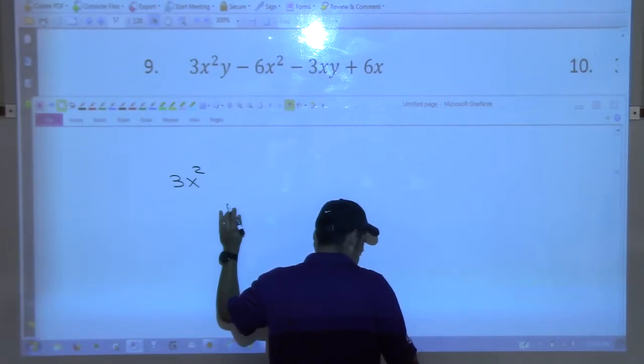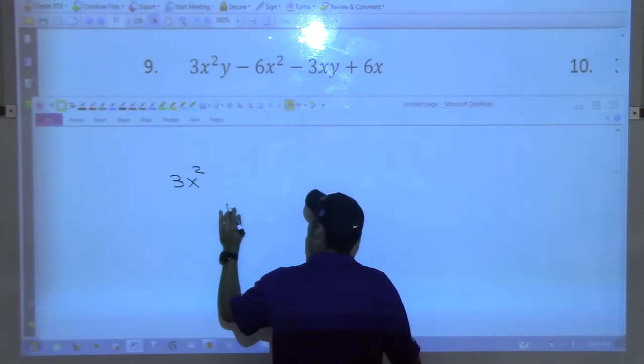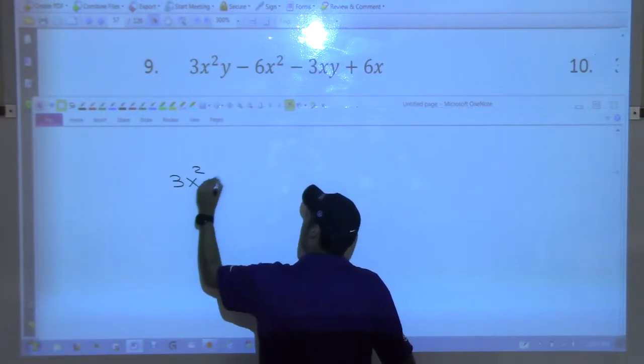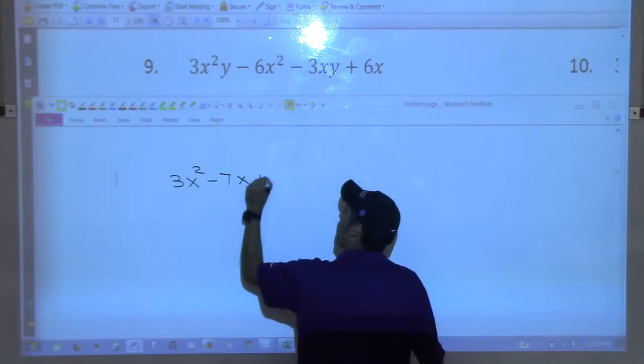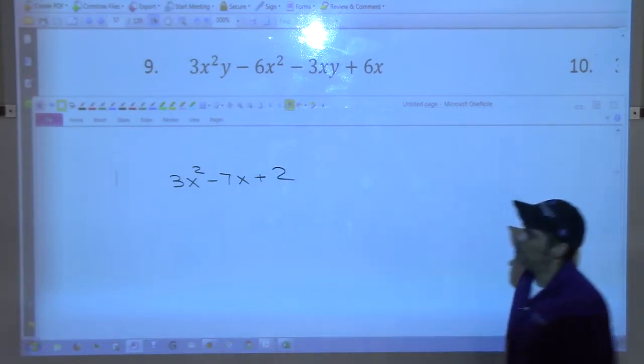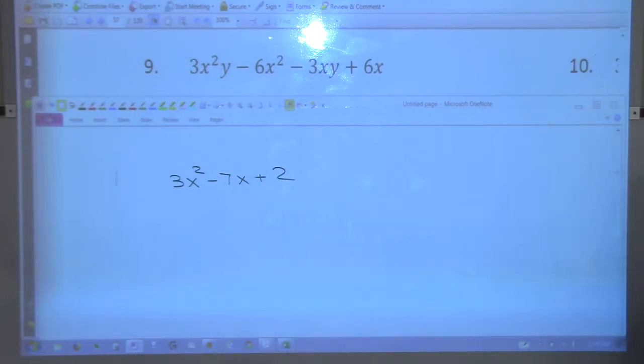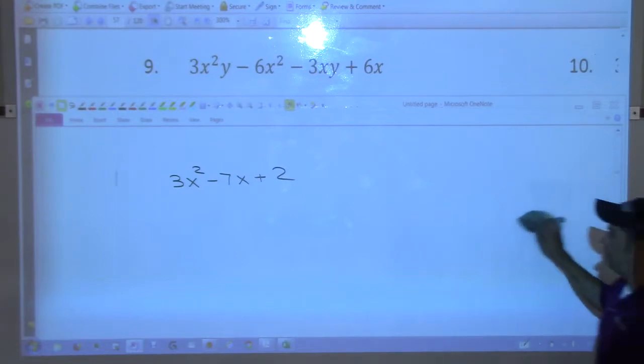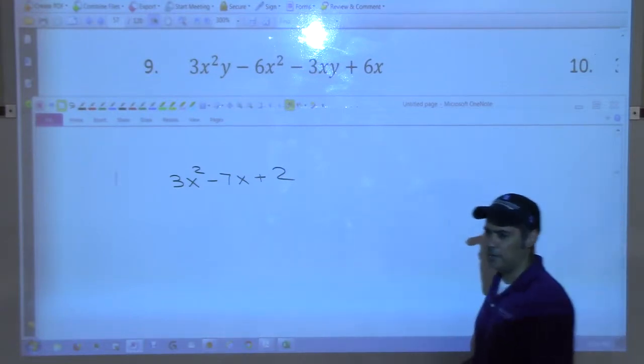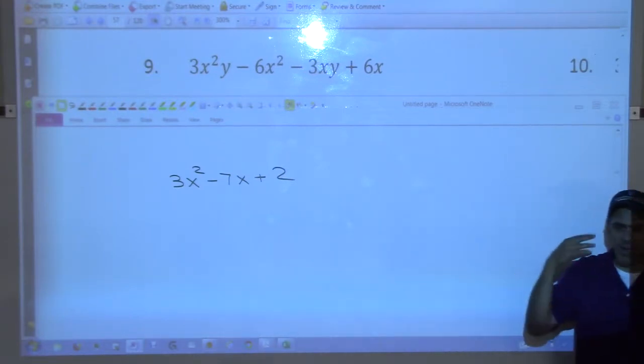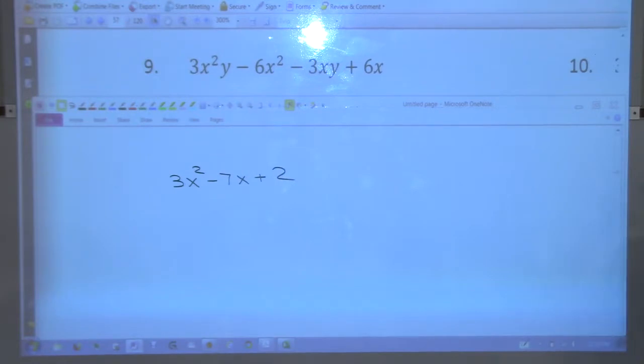Hold on a second, I've got to make sure it works. There we go. So that one might be a little tougher, even for the people who can do these in their head. They might still struggle a little bit with this one.